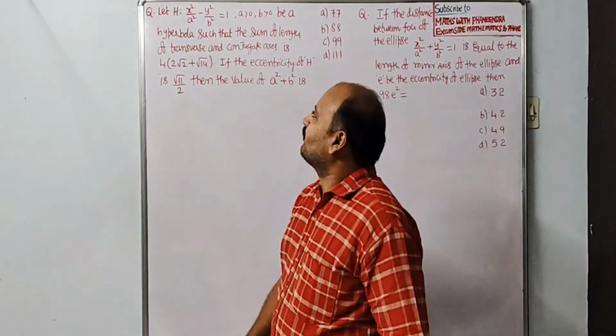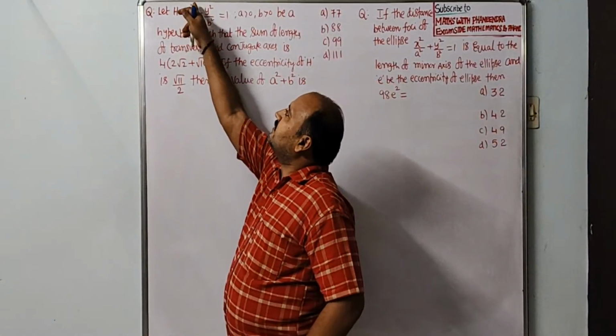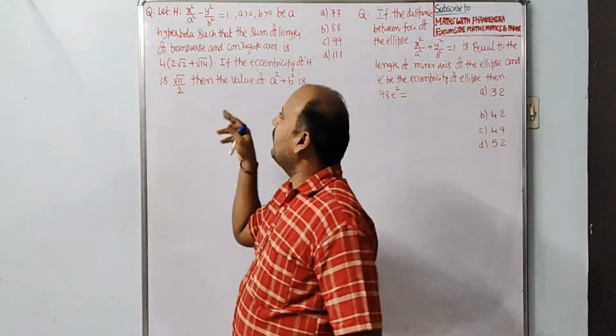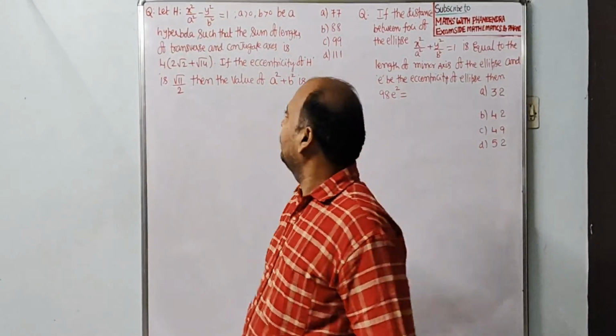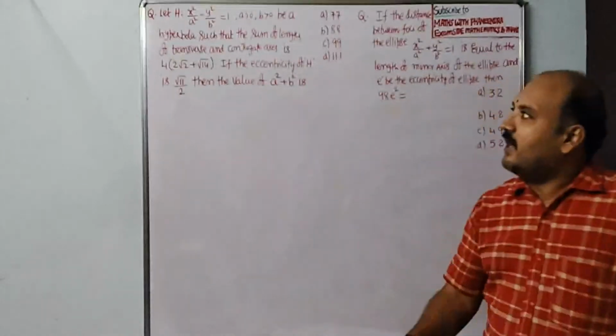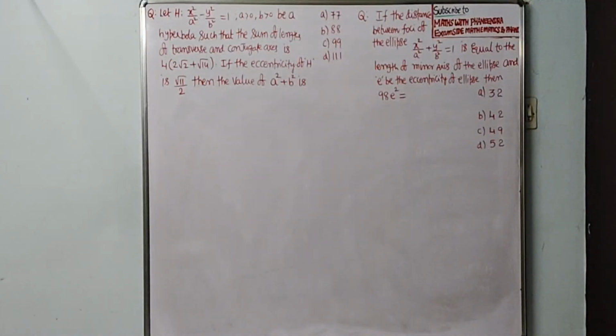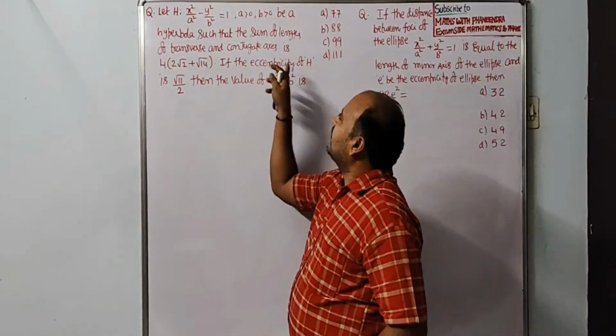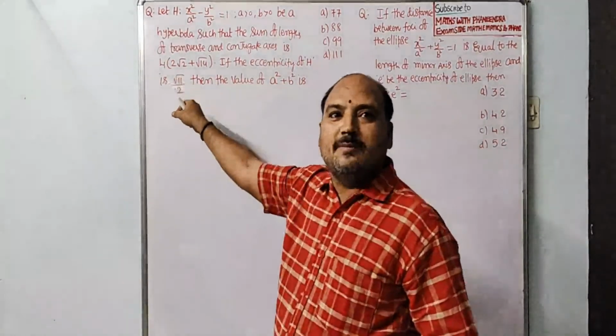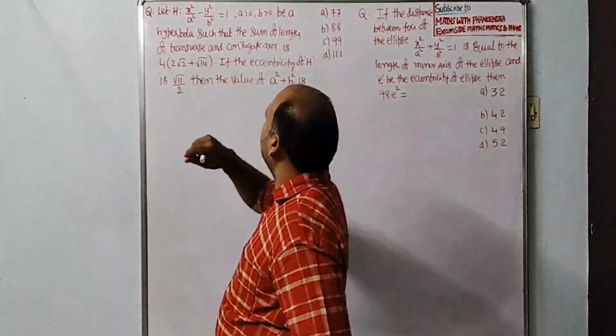Here is the question. Let H be the hyperbola x square by a square minus y square by b square equal to 1, where a is greater than 0 and b is greater than 0, such that the sum of lengths of the transverse and conjugate axis is equal to 4 times of 2 root 2 plus root 14.